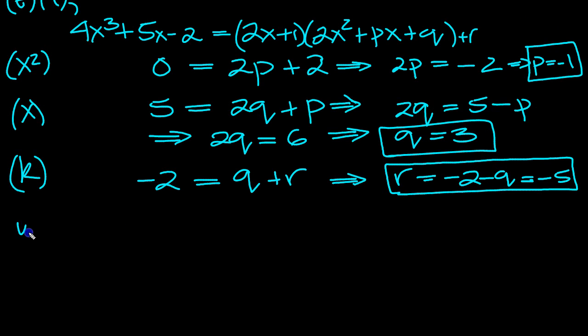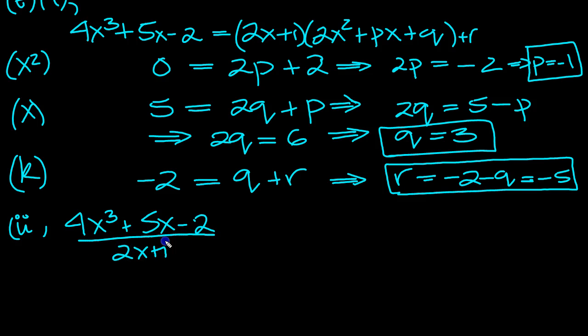So part 2. 4x cubed plus 5x minus 2 over 2x plus 1, if we divide all the way through the equation, will be 2x squared plus px, which is minus x, plus q, and q is 3.